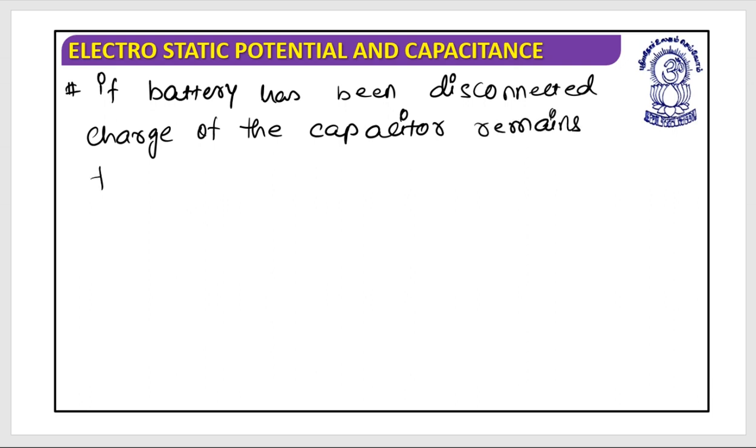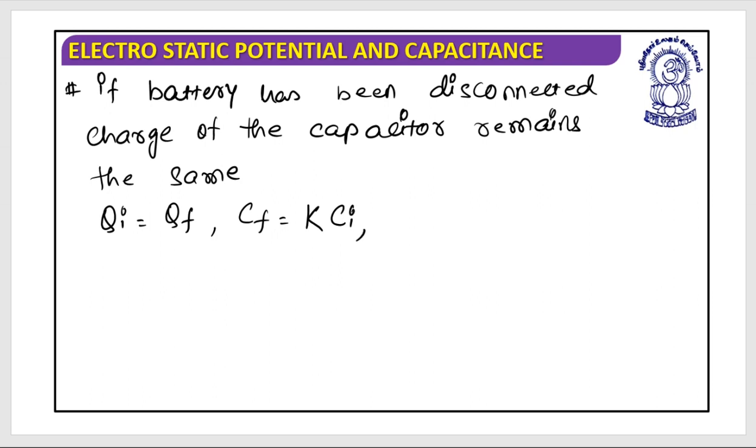So what I can write is that my initial charge and final charge would be equal. So Qi is equal to Qf, and I know that the final capacitance is K times the initial capacitance.